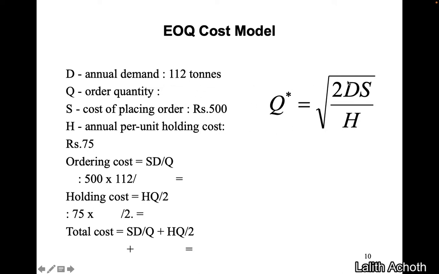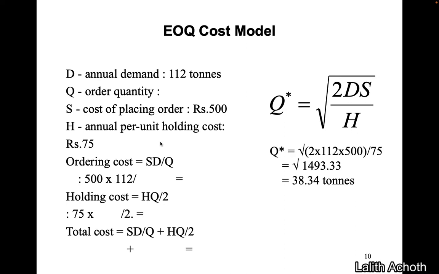So using this formula, it's 2 into 112 into 500 divided by 75, and the whole thing comes under the root. So that boils down to the square root of 1493.33, and when you take the square root, you get 38.34 tons, which means that your economic order quantity should be around 38.34 tons.